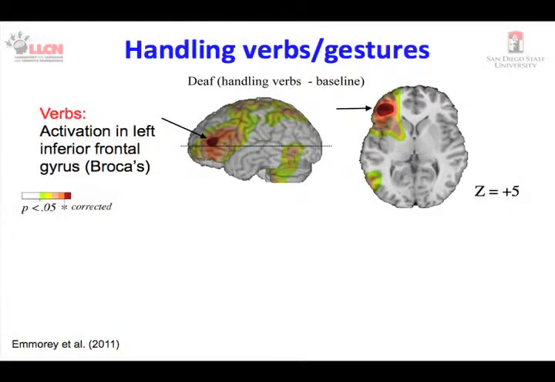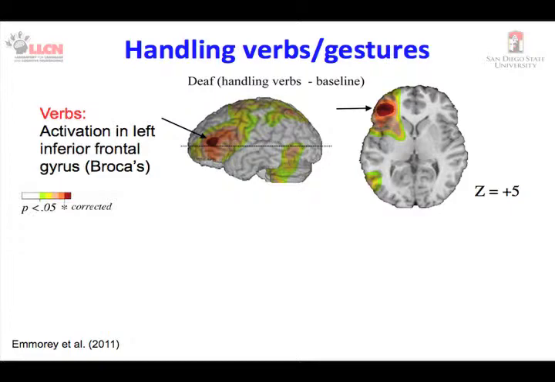But the key is now what happens when they're producing these verbs that look like pantomimes. And here we find a very different pattern, right? Here what we find is activation in left inferior frontal cortex, in Broca's area, extending into Broca's area, okay? We don't see more activation in superior parietal cortex, okay? It's engaging a language region.